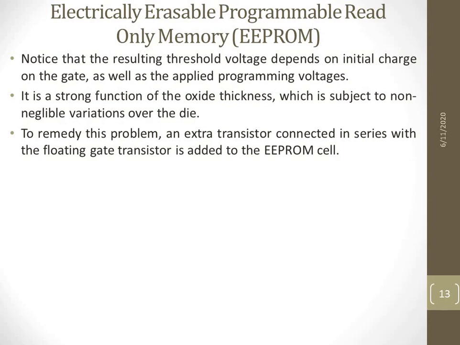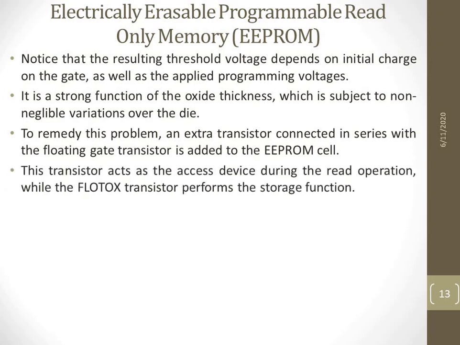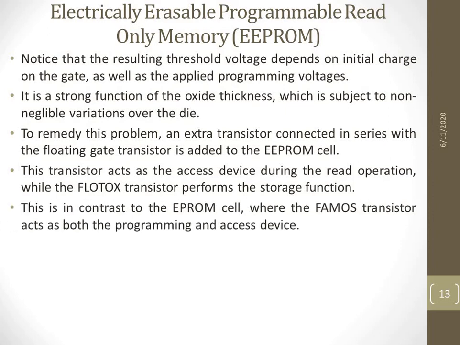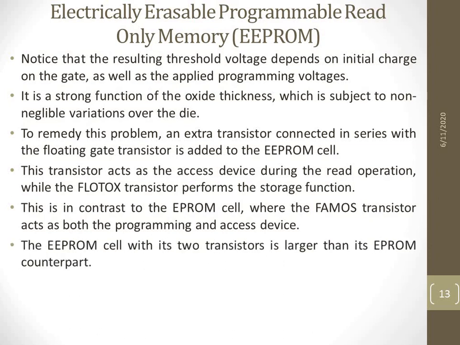To remedy this problem, an extra transistor connected in series with the floating gate transistor is added to the EEPROM cell. This transistor acts as the access device during the read operation, while the FLOTOX transistor performs the storage function. This is in contrast to the EPROM cell, where the FAMOS transistor acts as both the programming and access device.